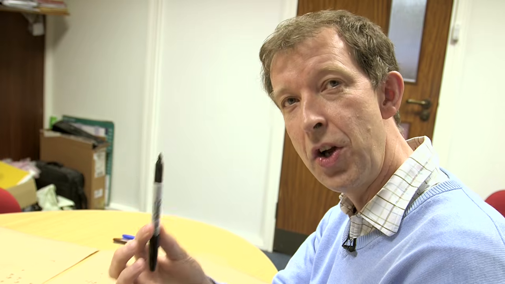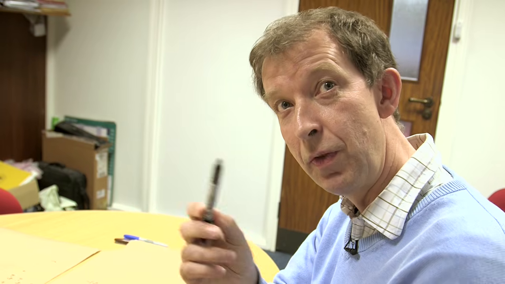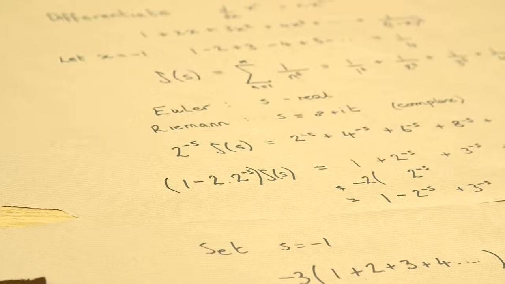And I think a way of understanding what's going on here is that when you look at it in terms of the Riemann zeta function, it diverges at one point, and that one point is when s equals 1.